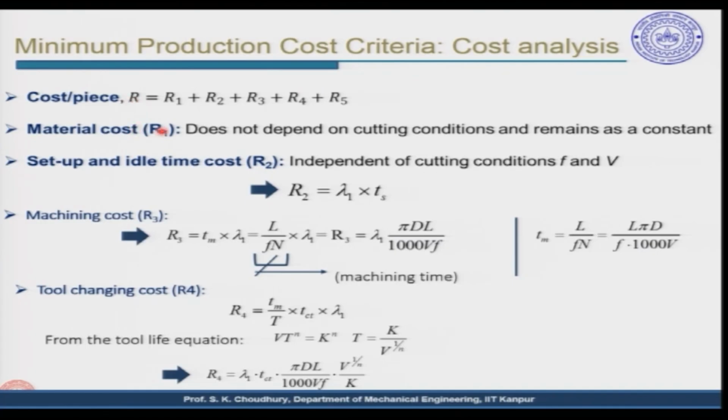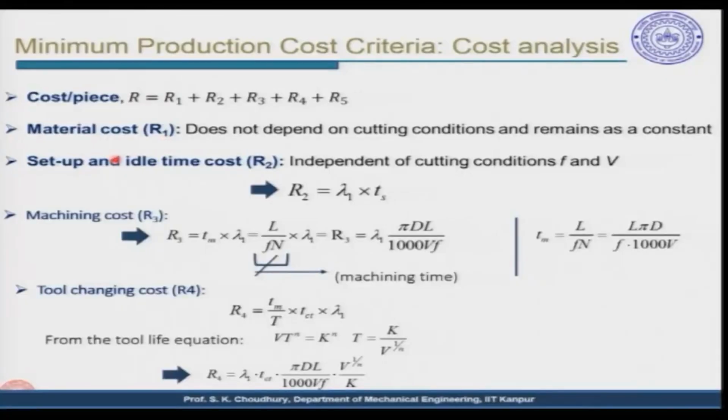Now, the material cost does not depend on the cutting conditions and remains constant. What we are discussing here is the optimum cutting speed that will make the cost minimum. Velocity does not affect the material cost, so it is constant.